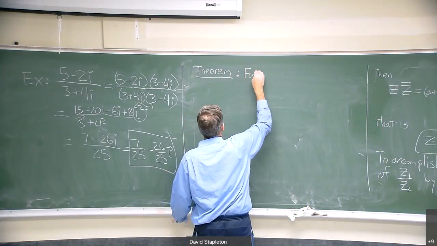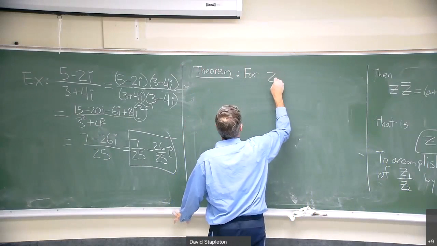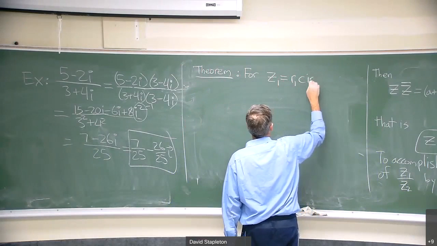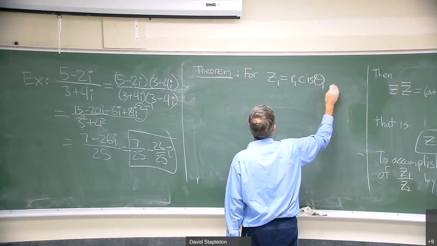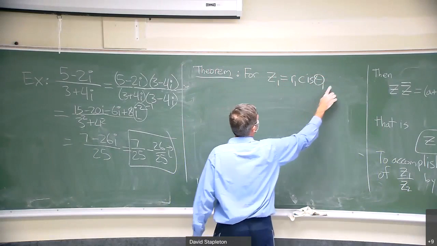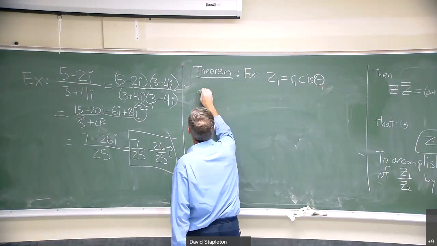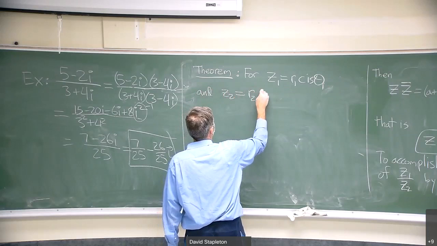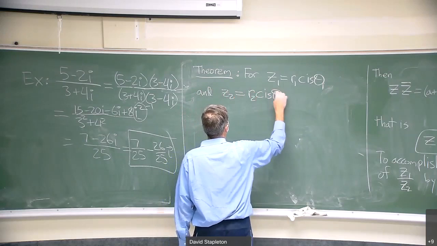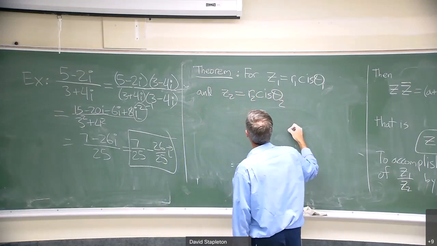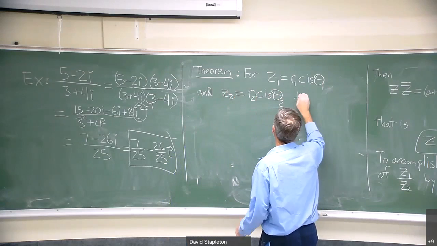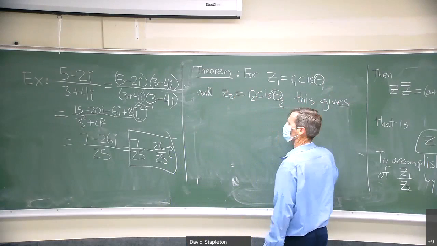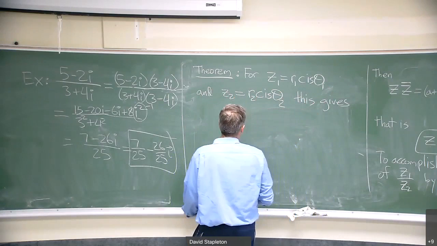For two complex numbers, Z1 equals R1 times cosine plus I sine theta 1, and Z2 equals some number R2 times cosine plus I sine theta 2. This gives the following results for multiplication and division.